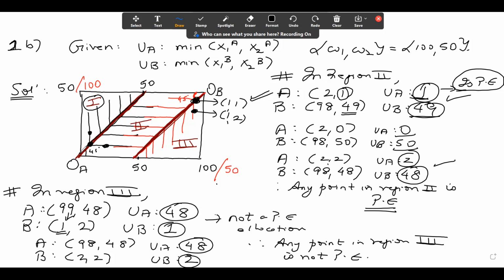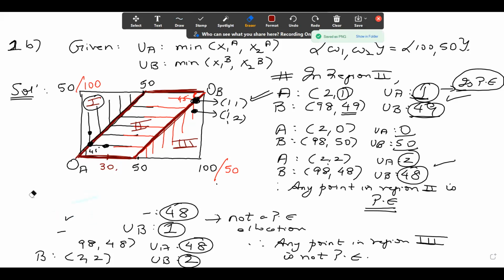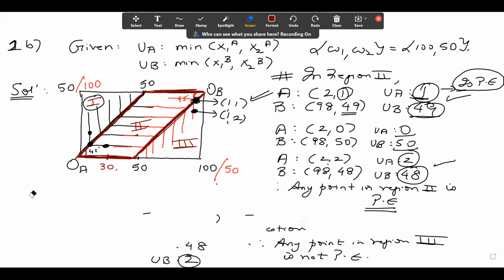And you can clearly see I even have this particular part. You can take a point. Suppose I take a point here. Suppose this is 30. So take a point and you can verify this. The whole parallelogram is your region of Pareto efficiency. Suppose I take a random point to verify this.